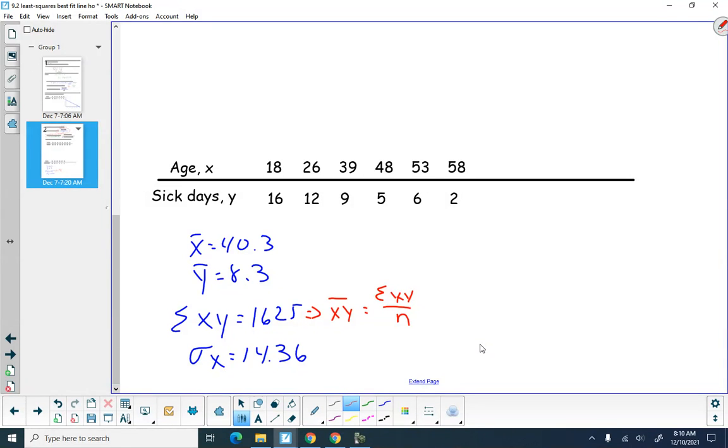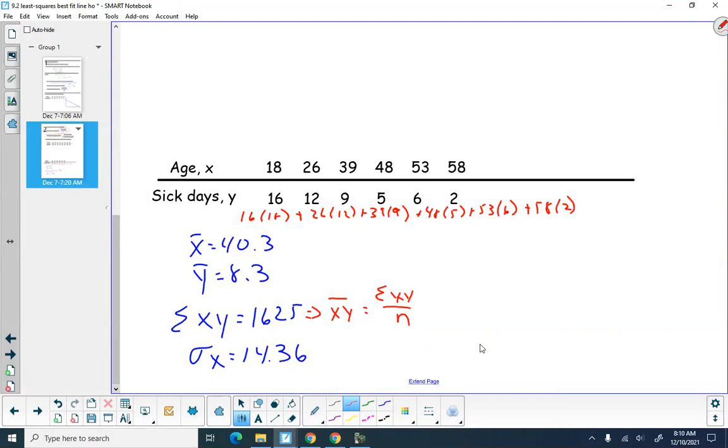And all you're doing is taking 16 times 18 plus 26 times 12 plus 39 times 9 plus 48 times 5 plus 53 times 6 plus 58 times 2. You're just multiplying these two values together and then adding them together. That's your sum of your xy.